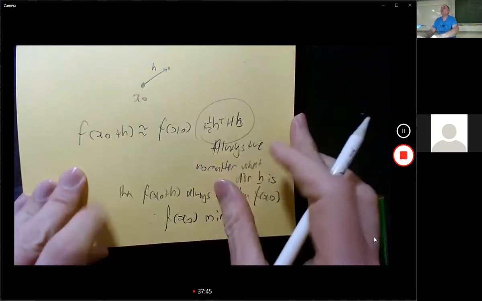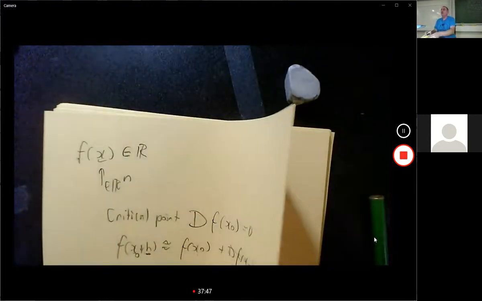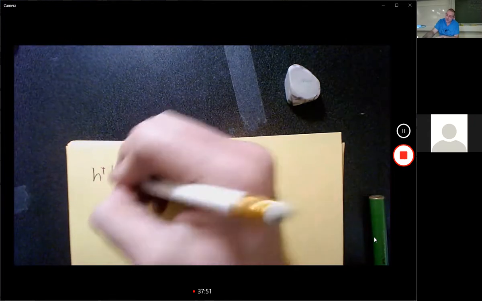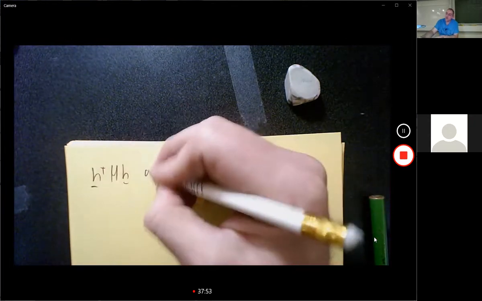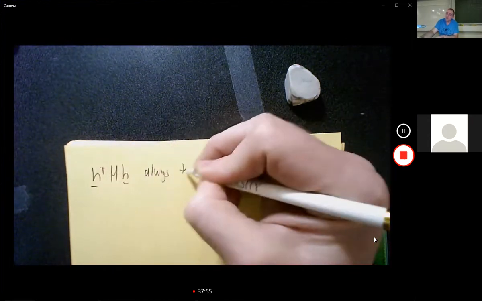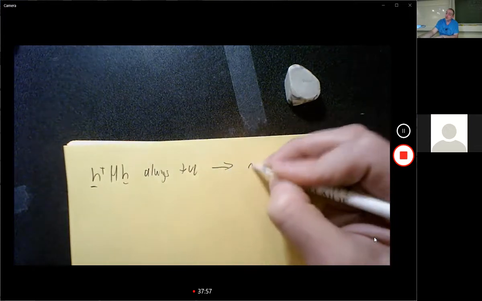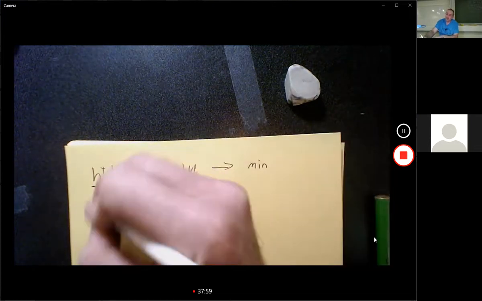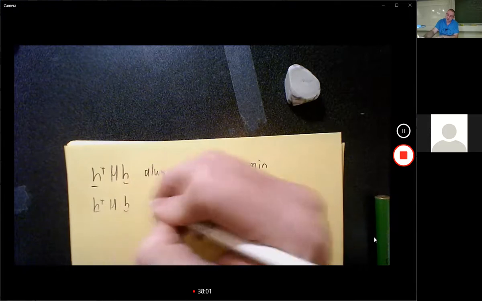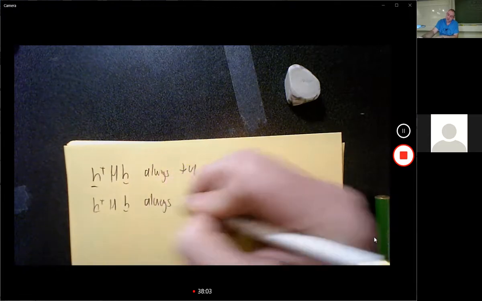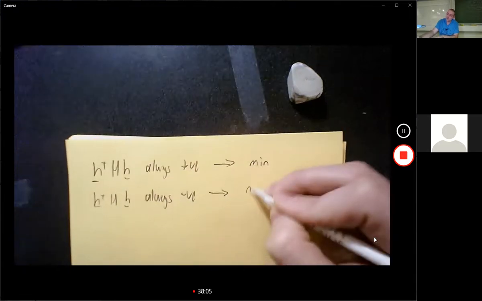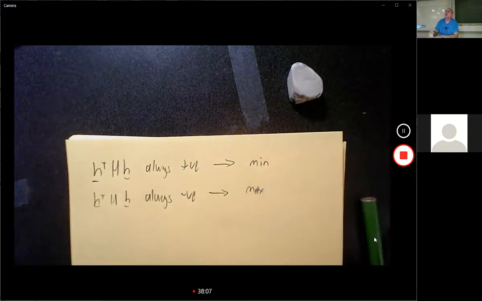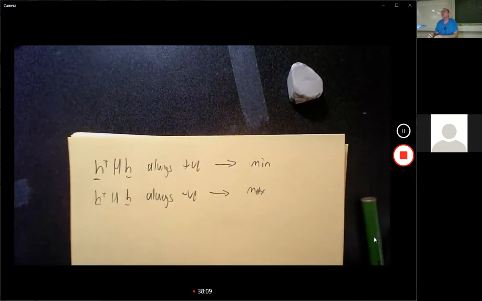Well, I'll deal with that in a second. Okay, so what we've discovered here is that if h transpose H h is always positive, then that will make it a minimum. And if h transpose H h is always negative, then that will make it a maximum. And any other time, it won't be either. It'll be some sort of saddle point.